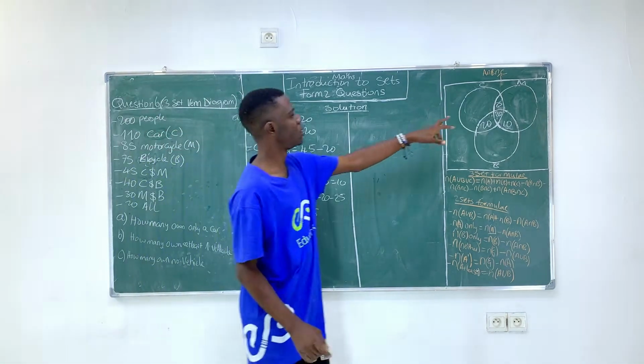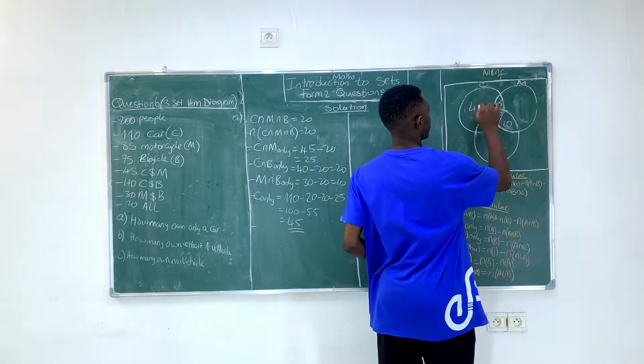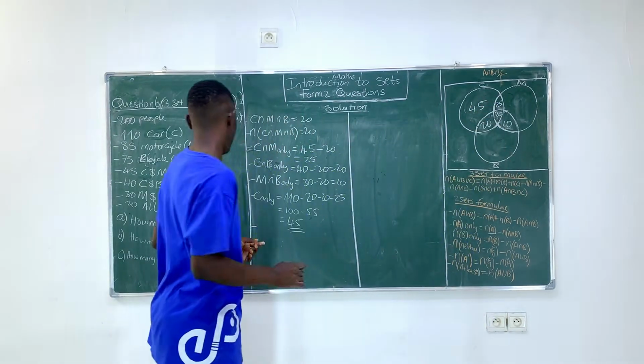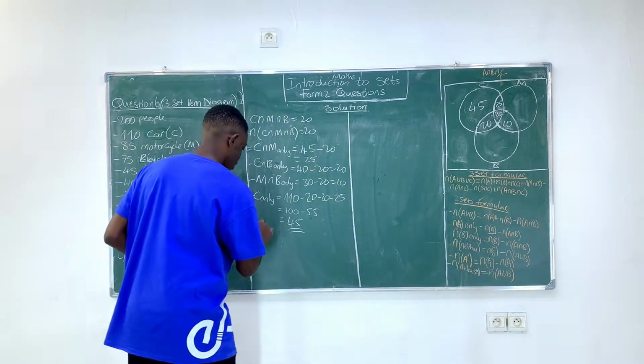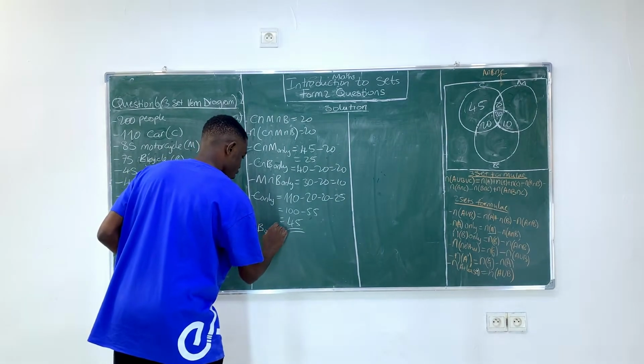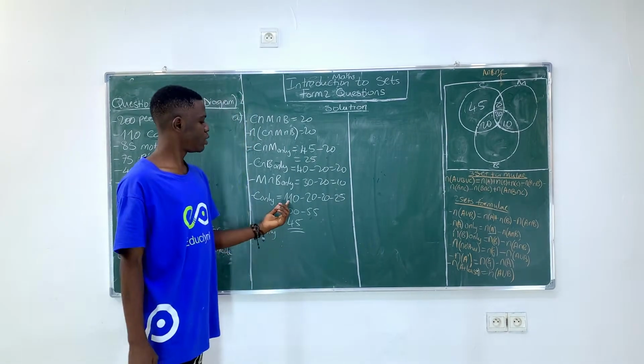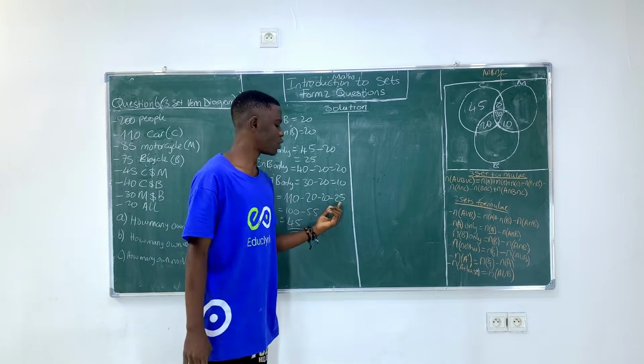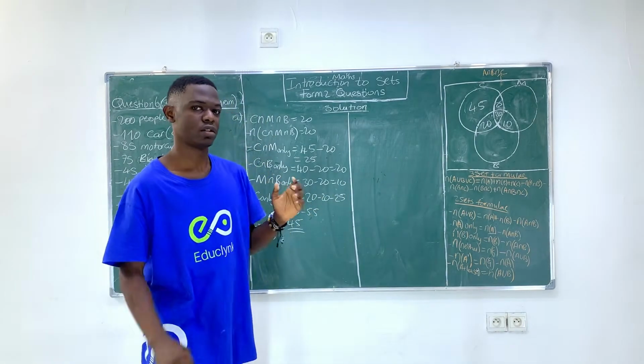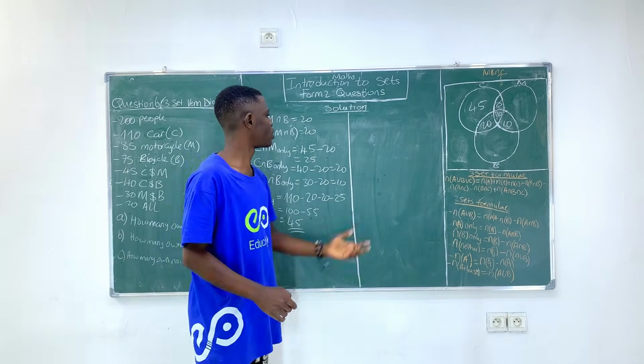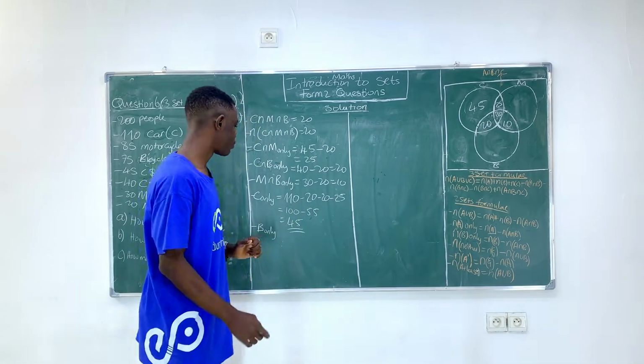So car only gives us 45. What is B only? You calculate normally.